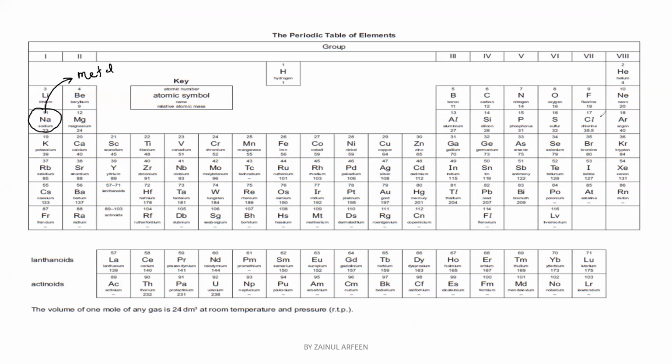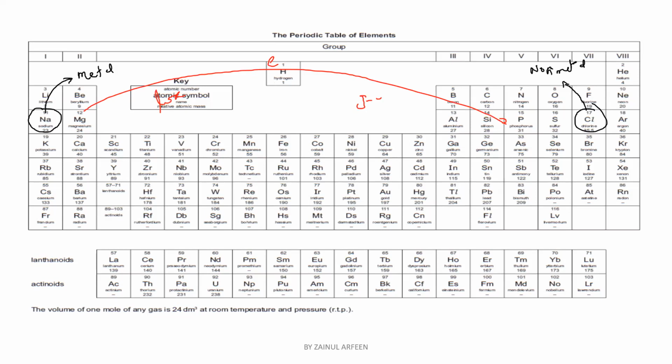And chlorine belongs to group 7, so it is a non-metal. In the formation of an ionic bond, the metal tends to lose electrons, whereas the non-metal tends to gain electrons. So the attraction between the positive and the negative ion is known as the ionic bond.